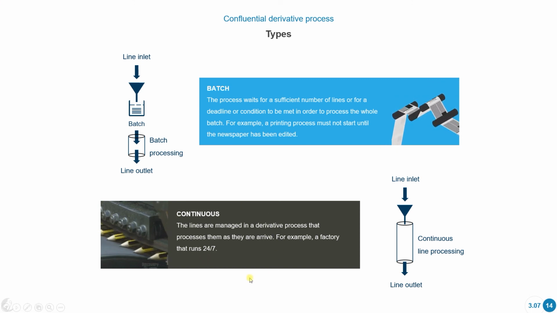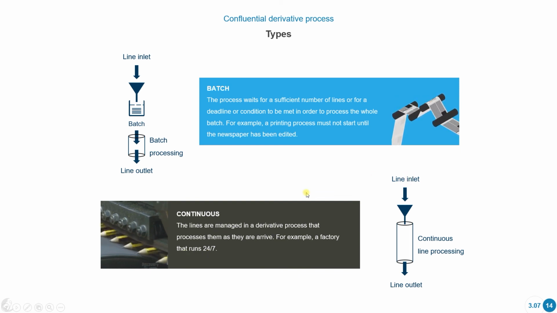And here we have another example where we want to give the lines a continuous treatment. We never stop. So let's say the lines are managed in a derivative process that's going to process the items, in this case pencils, all the time. For example, in a factory that runs 24/7.